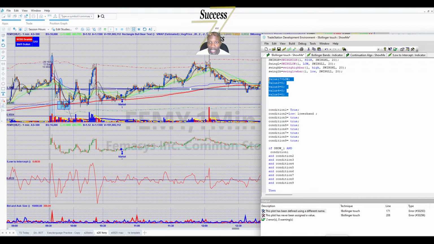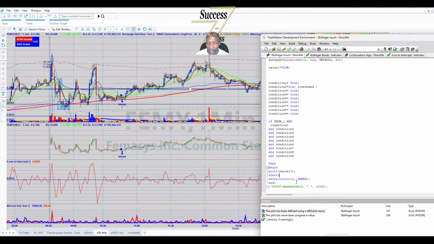So we'll make this 17. Plot has been defined using a different name. Oh no, it's plot 1. So we're gonna make this plot 17. There we go, because there's already a plot 1 up further in the chart.